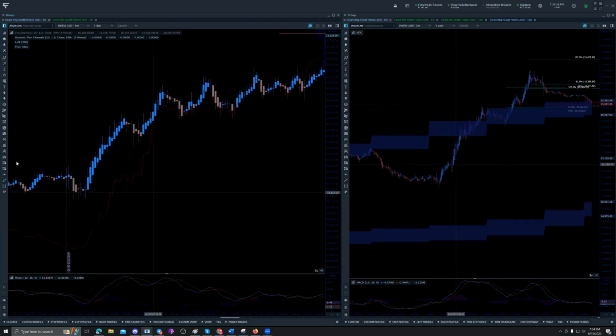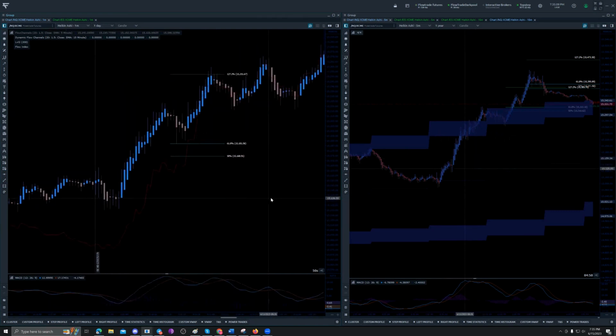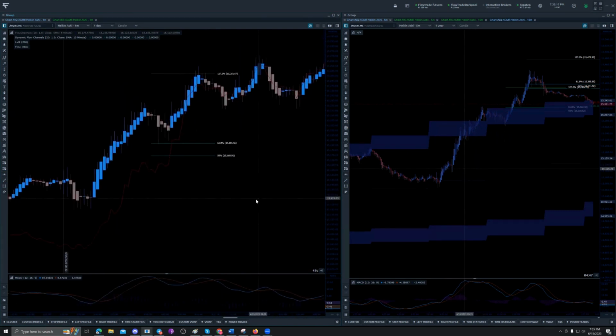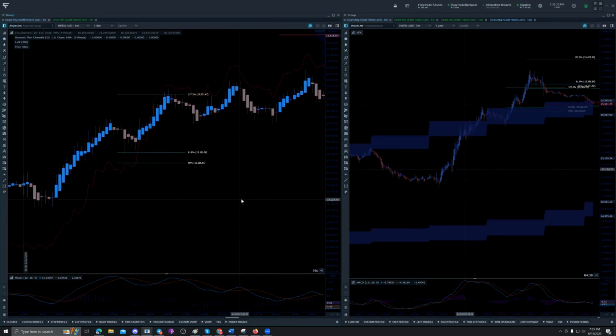If what you're saying is to be able to stay in the trade and take full advantage of the trend, do you suggest that I be in the trend and stay in the trend and wait for it to retest 0.618 and then exit?